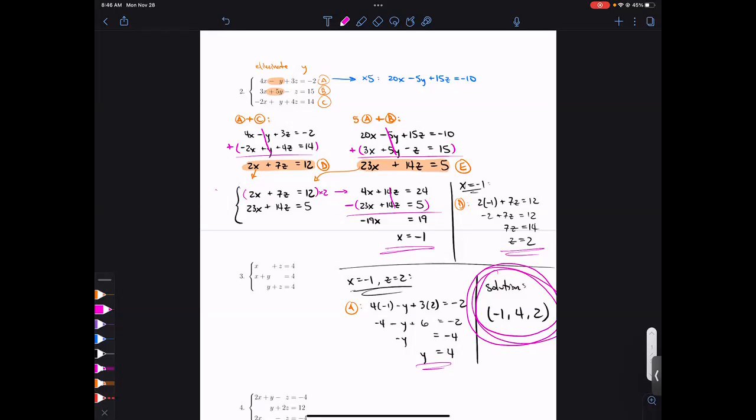Subtract x minus, well, there's no like terms to combine with x. That's x.